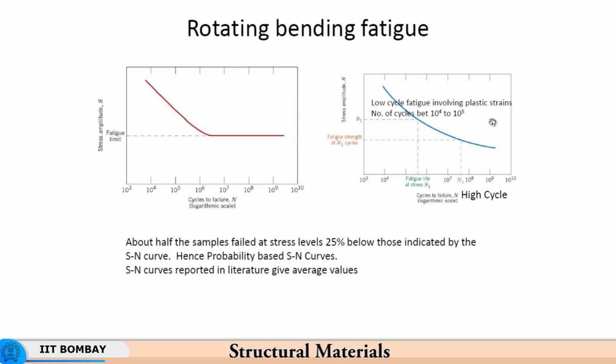So here you see that you have low cycle fatigue where the plastic strain is involved, and the number of cycles is 10 to the power 4 to 5, whereas in high cycle fatigue the number of cycles is much greater.